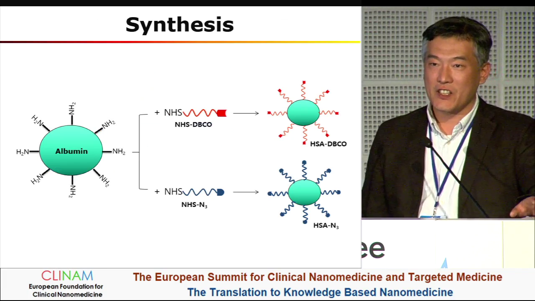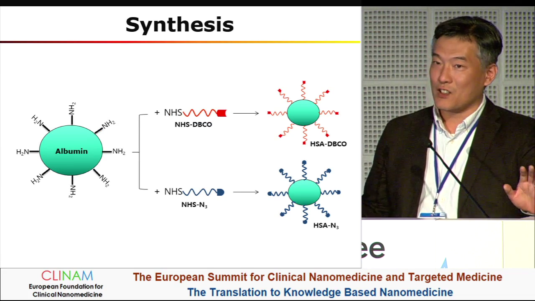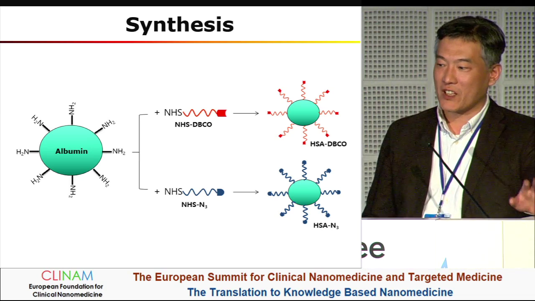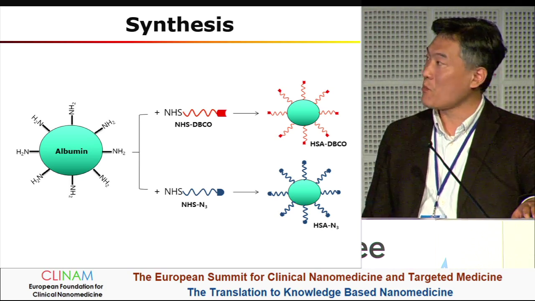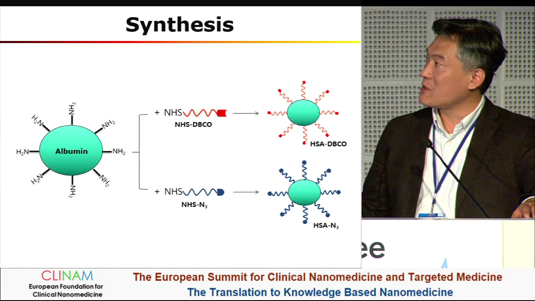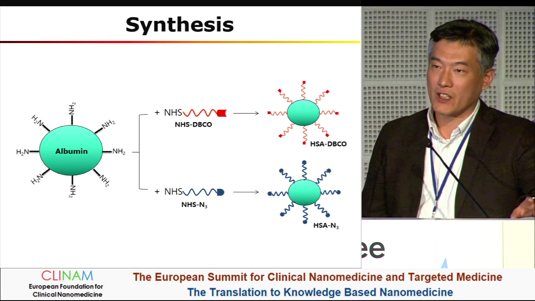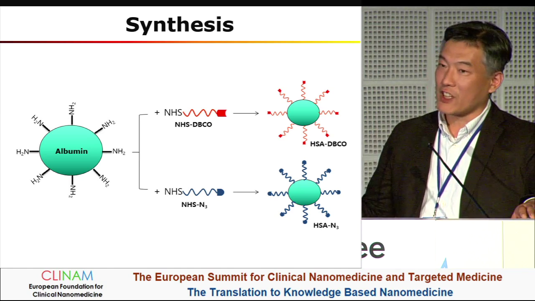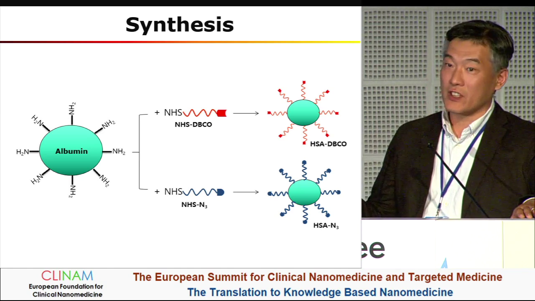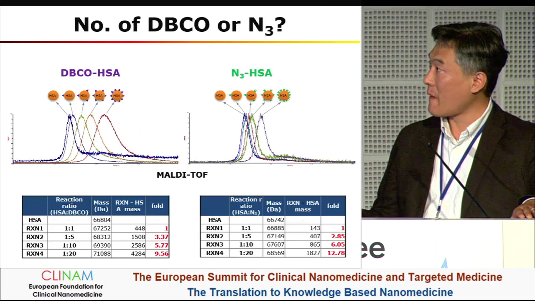Synthesis is very easy and straightforward. If you can see this slide, you can make this nano platform within a month. You just simply purchase albumin from a company and the copper-free moiety, and then mix them at physiological pH, and then you can get the nano platform.